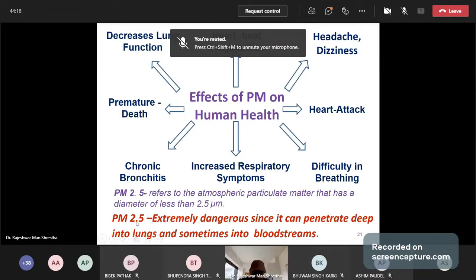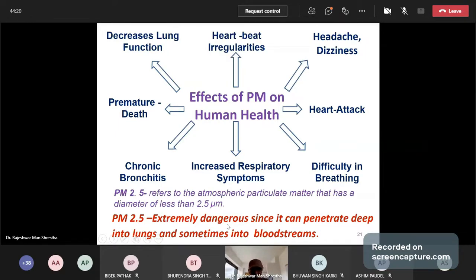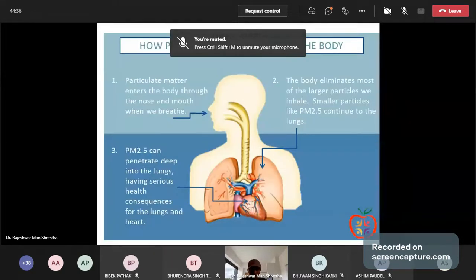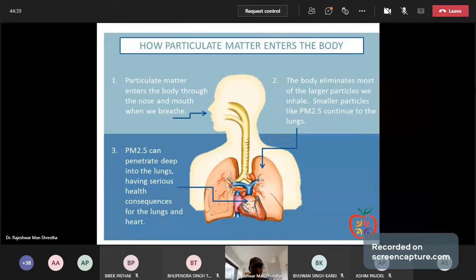PM 2.5 is extremely dangerous since it can penetrate deep into the lungs and sometimes into the bloodstream. If the bloodstream contains particulate matter, the blood will not work properly, which will cause harmful effects on the human being. Now, how does particulate matter enter the body?